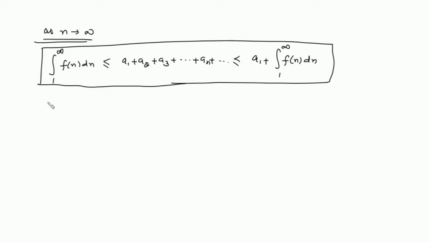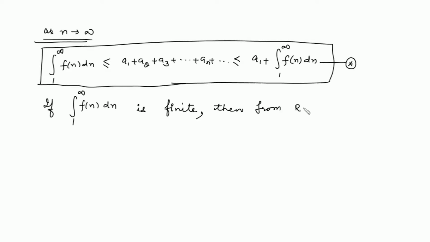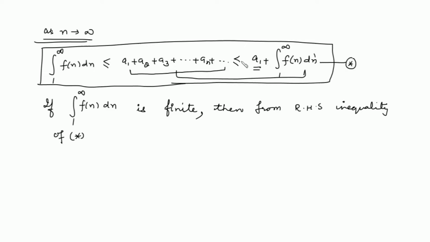Now just see from this inequality, if the value of the integral is finite, then, call this as star, from the right hand side inequality of star, if your integral is finite, then adding some finite number, again this whole number is finite, and the sum of the whole series is less than or equal to some finite number, which implies that this series sum is finite, right?